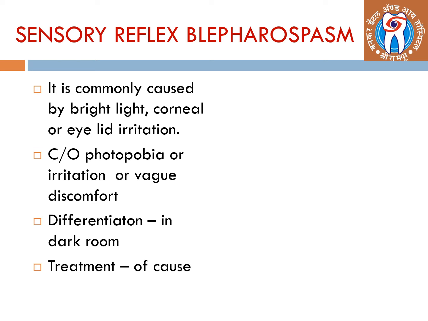The patient may complain of photophobia or intolerance to bright light, foreign body sensation, or vague discomfort. The differentiation between the blepharospasm due to photophobia and that due to foreign body can be done in a dark room. In case of bright light, it will be abolished, while with a foreign body, it will continue.